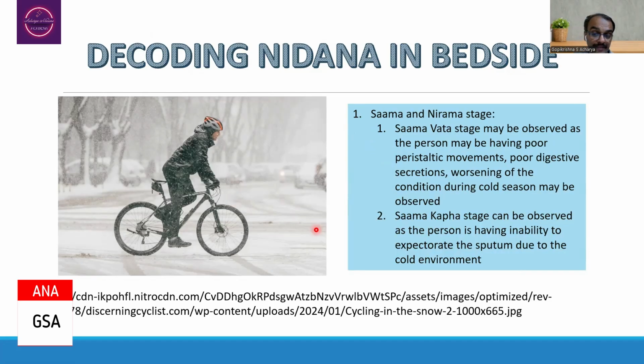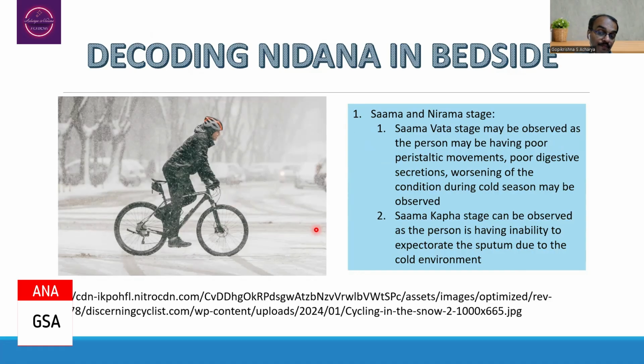As far as Sama is concerned, Samavata may be observed, which can be attributable to poor intestinal motility or poor digestive secretions or worsening of the condition during the cold environment.